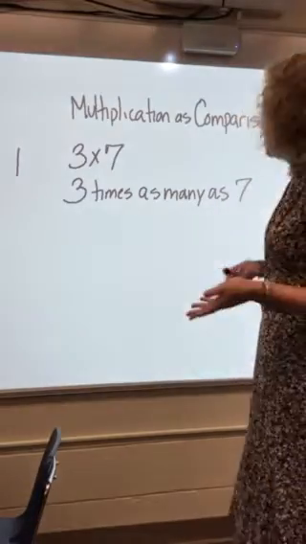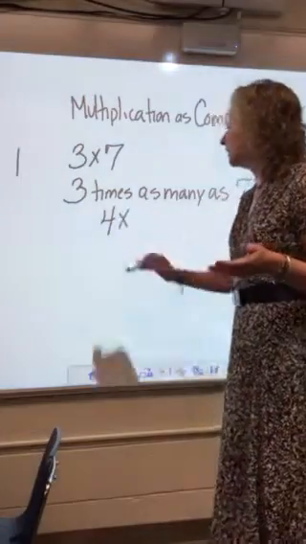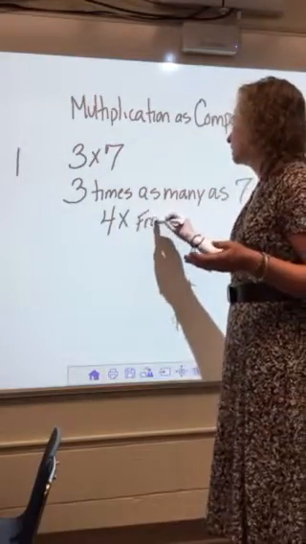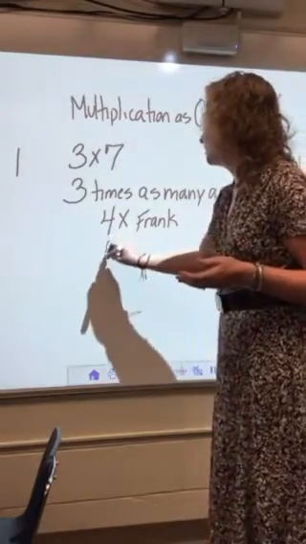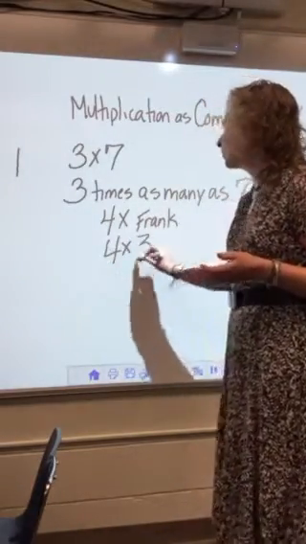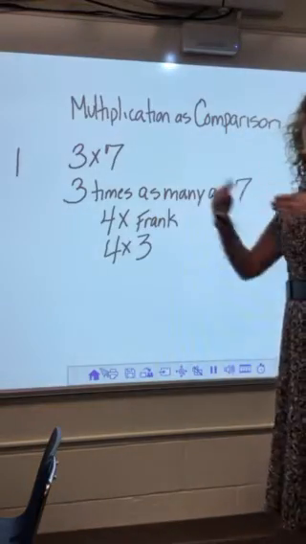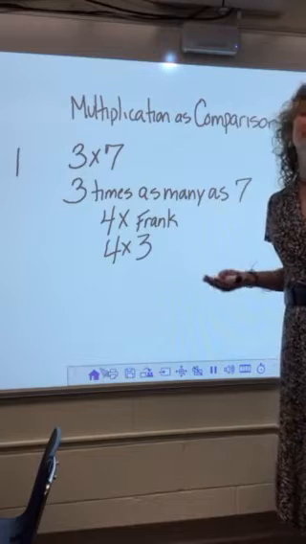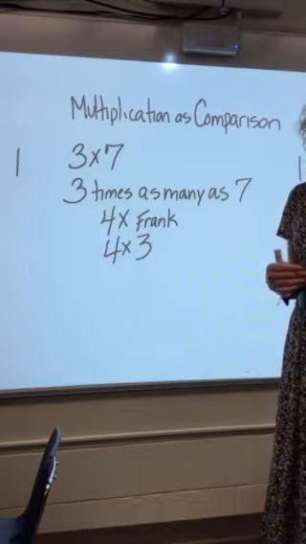Frank had 3. Well, if Bob had 4 times as many as Frank, and Frank had 3, guess what? That's 4 times 3. When you see multiplication and multiplication words as comparing, it's really going to help you figure out some of those math word problems later on.